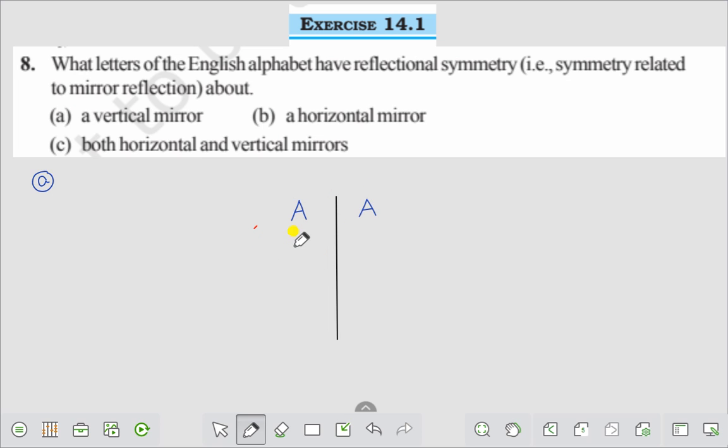If we take H, the mirror image will be like this, H shape.